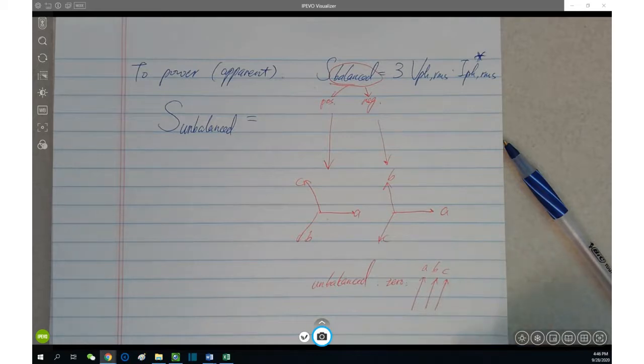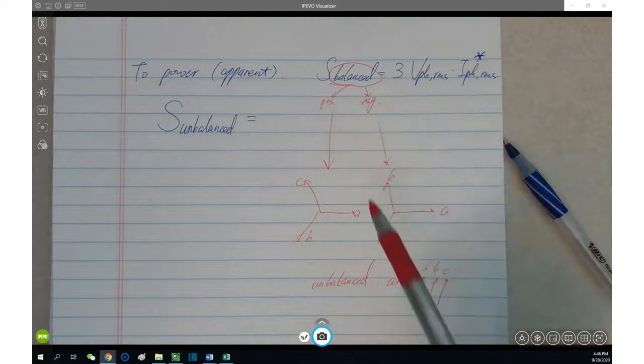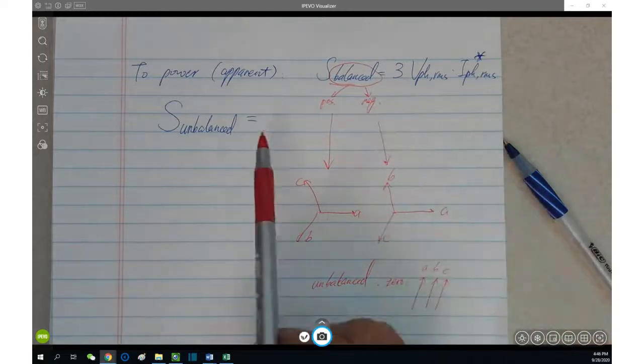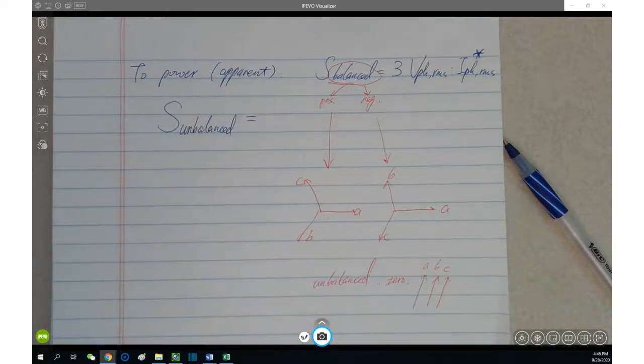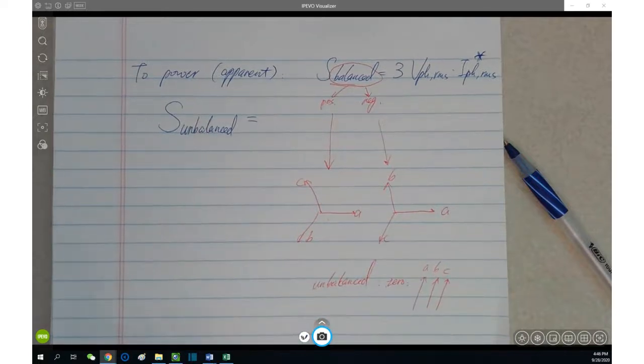However, they don't have 120-degree phase shift, right? Their phases are the same. So zero sequence is actually unbalanced, right? So if you mix them up together, it becomes totally unbalanced, which is going to be unbalanced as well.